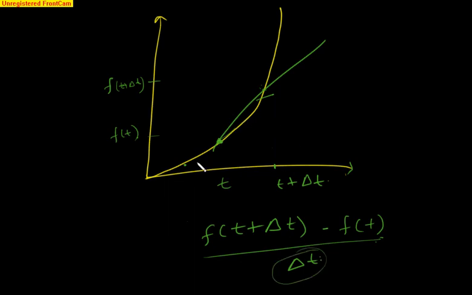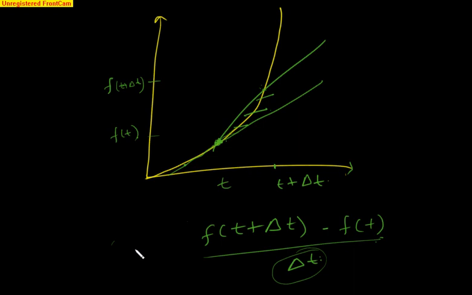Then the required slope will get closer. When I shift again smaller, finally I will get this line when del t becomes 0.